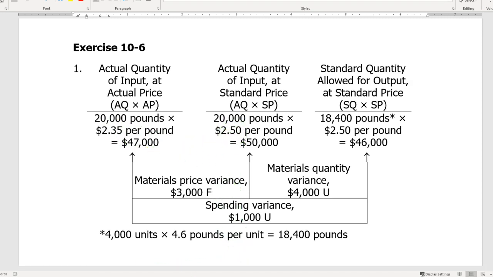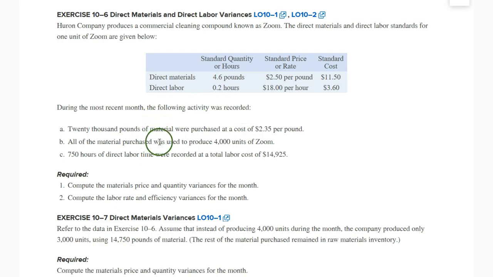Let's go back to the question for the quantity variance, and here you're going to compare the quantity of materials used with what should have been used based on actual output. So in this problem, all the material that was purchased was also used.